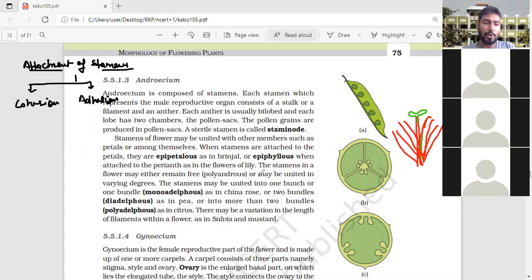Now, cohesion. Suppose this is the bundle-like structure. Okay, this is not correct, this is creating a little problem.